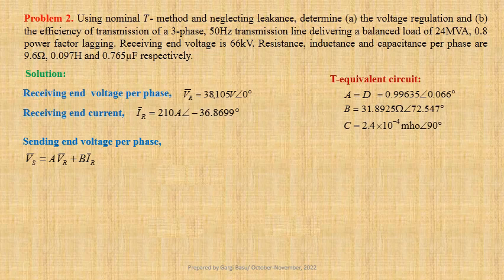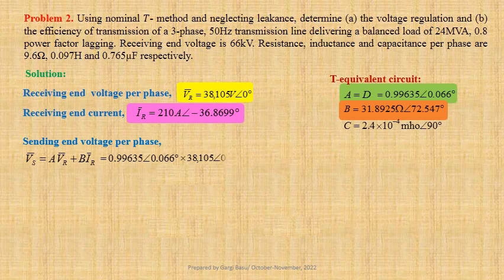Using values we get 0.99635 at an angle 0.066 degree into 38,105 at an angle 0 degree plus 31.8925 at an angle 72.547 degree into 210 at an angle minus 36.8699 degree.